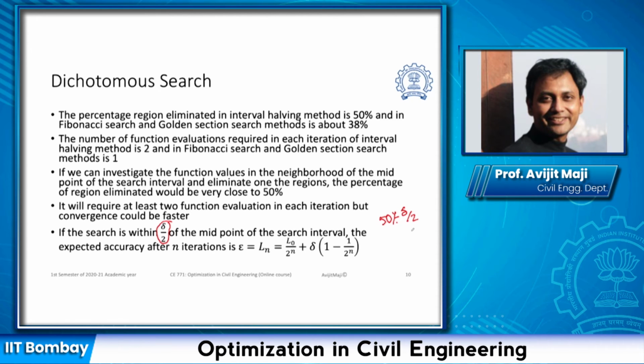amount in each iteration. And if we are doing this for n number of iterations, we can clearly say that the region which is being retained is going to be of this value, which is L0 by 2 to the power n plus delta times 1 minus 1 by 2 to the power n.